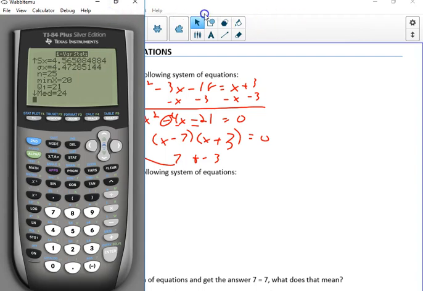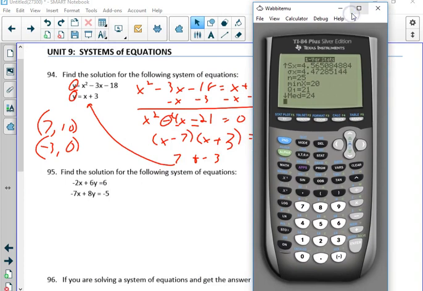And we're going to use our handy-dandy calculator here. So we're going to go into y equals, clear out whatever we have, and put in x squared minus 3x minus 18. And then, on y2, we're going to put x plus 3. And we're going to graph.